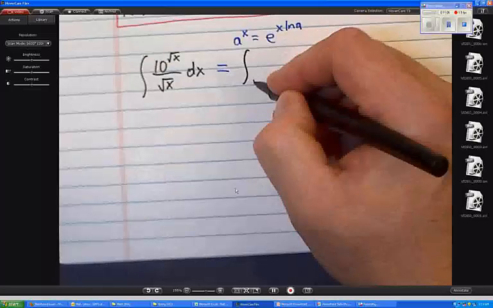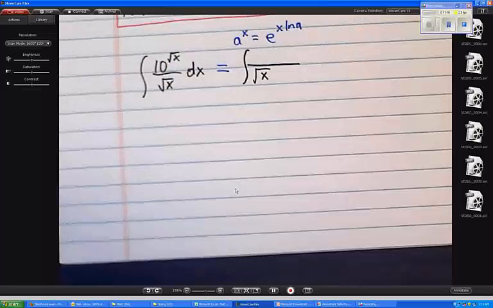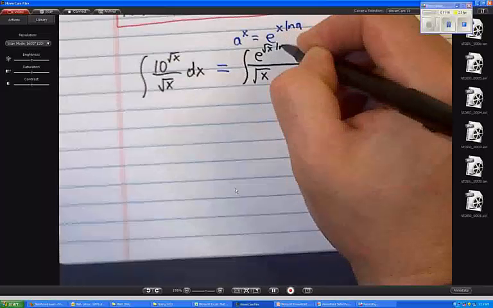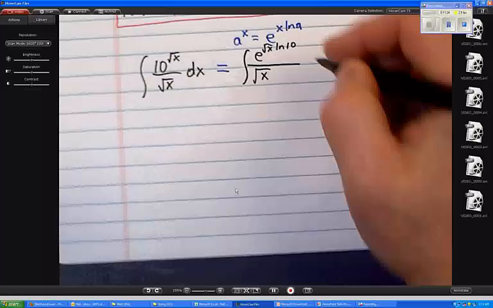So I still have my square root of x down here. What am I going to put in the numerator instead of 10 to the square root of x? There you go. E to the square root of x ln 10 dx.